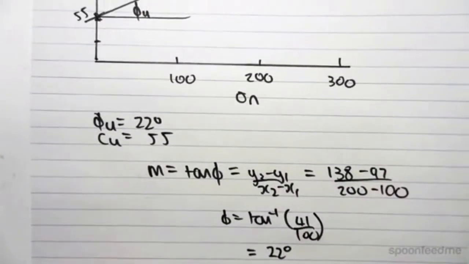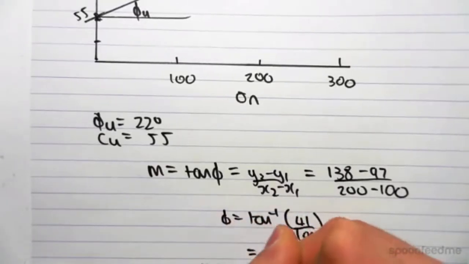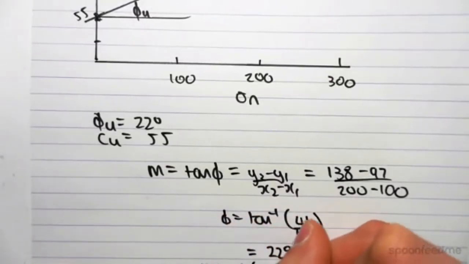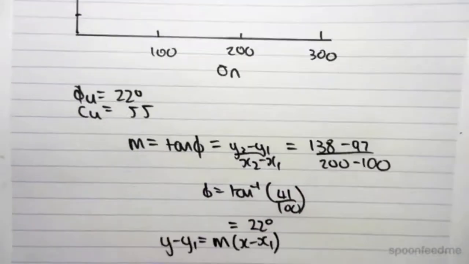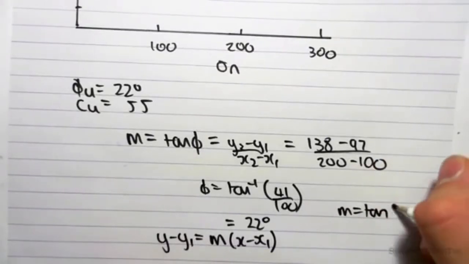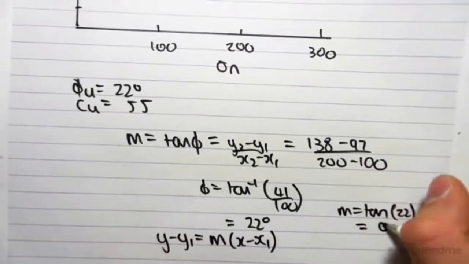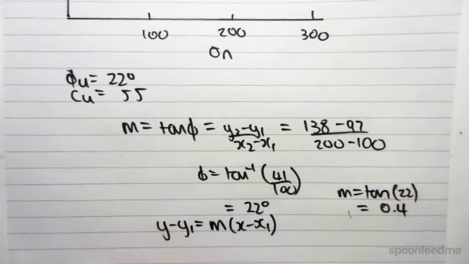We could then find the y-intercept. We know the equation for a line is y minus y1 equals m outside of x minus x1. We know that m equals tan phi, which means we could find our gradient. Tan 22 would equal around 0.4. So we could find our gradient because we know the angle now.